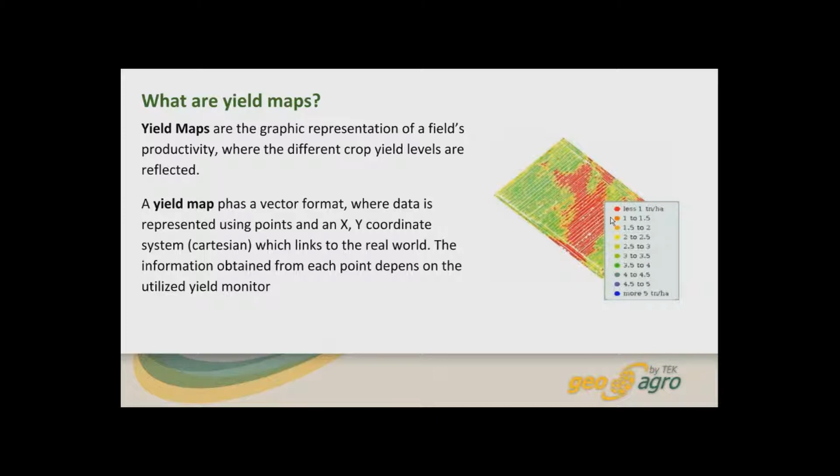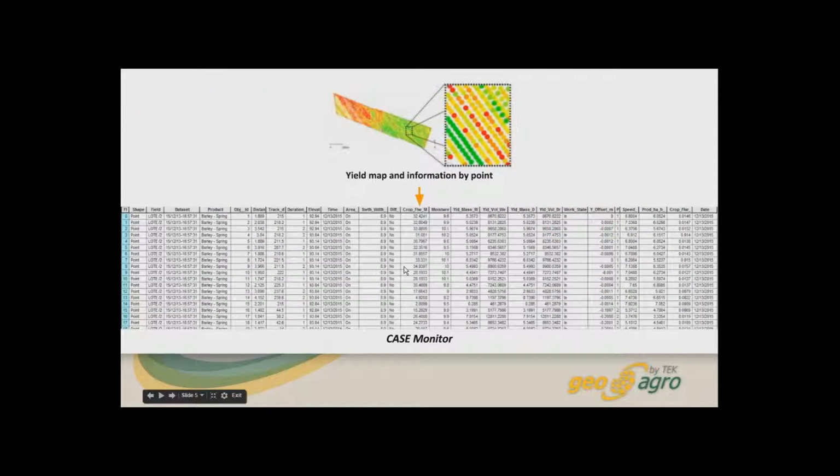And just to go into the technical side, it has a vector format where each point has an XY position that links to the real-world position and has a lot of information attached, and we'll see this information in detail. The information that we obtain depends on the type of monitor.